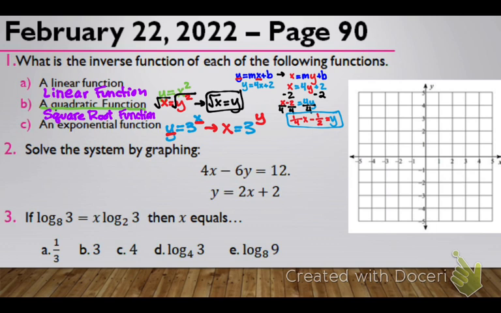Now, when I see my exponential function, what I think of is our triangle. If I have 3 raised to the power of y, what would I put in my bottom left corner?